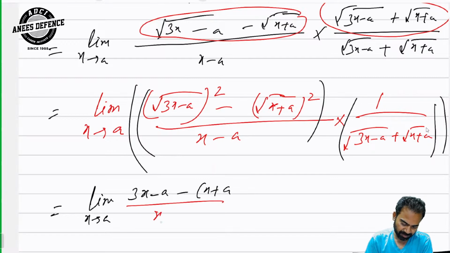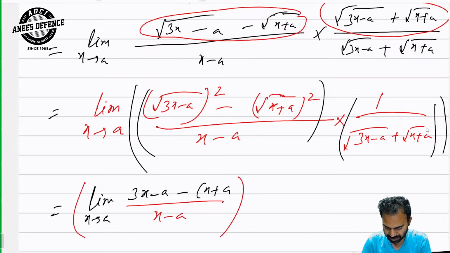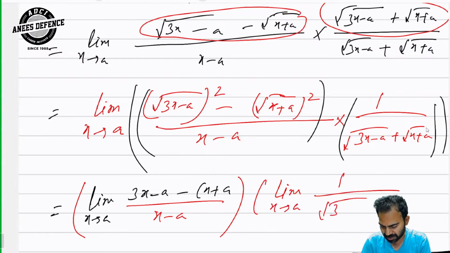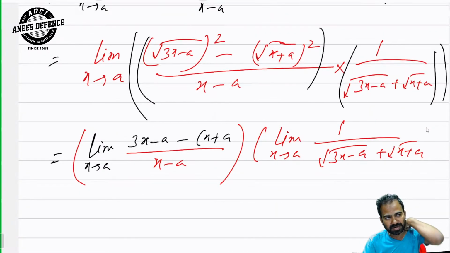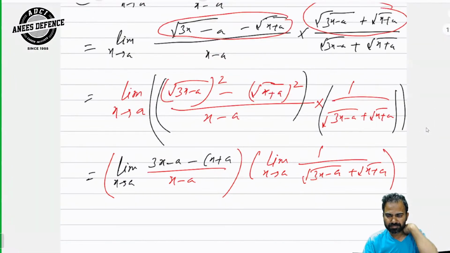So I will find this separately. The denominator will be 0, that's why I am taking this part separately. So I will find the limit of this part separately and this part separately. Any problem?